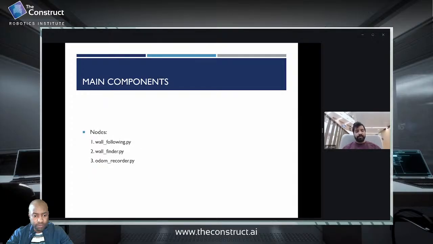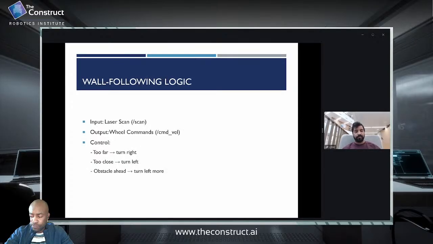There are basically three scripts that I am using right now, and there are three nodes. The first one is the wall following node. The second one is a wall finder, which basically finds the wall, and the third script basically handles the odom values.